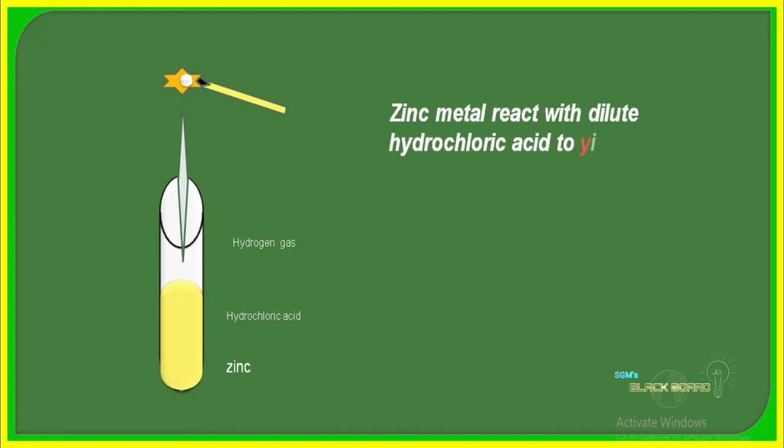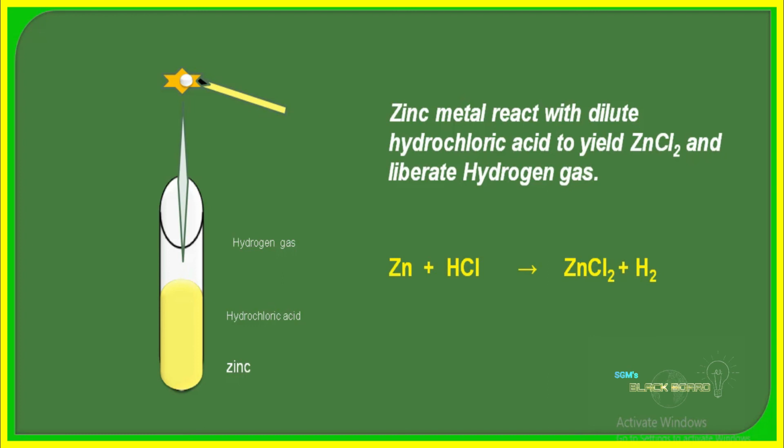Means here zinc metal reacts with dilute hydrochloric acid to yield zinc chloride, and hydrogen gas is liberated, because a gas which puts off a glowing splinter making a pop sound is nothing but hydrogen gas. This is one of the tests to identify whether the gas is hydrogen or not.